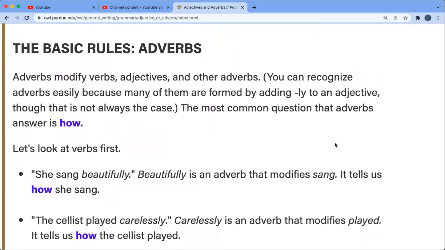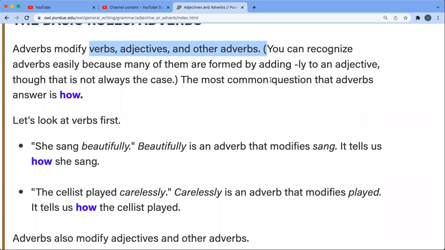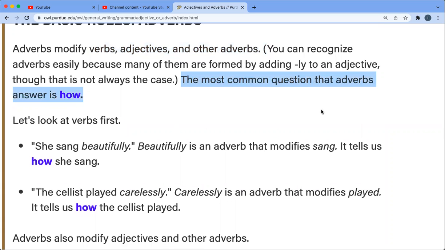Now we're going to move to adverbs, how to use them, how to correctly organize them within your sentences. Once again, adverbs define another adverb, adjectives, or verbs. So remember this. Adverbs usually appear in the answer of the question how.